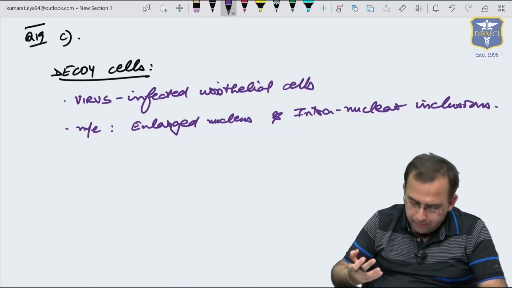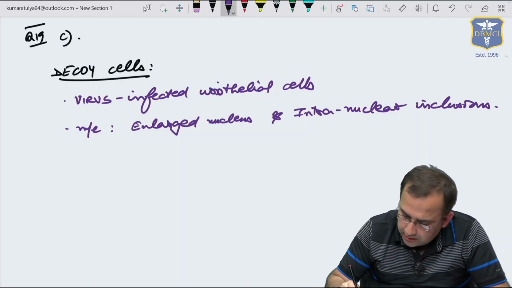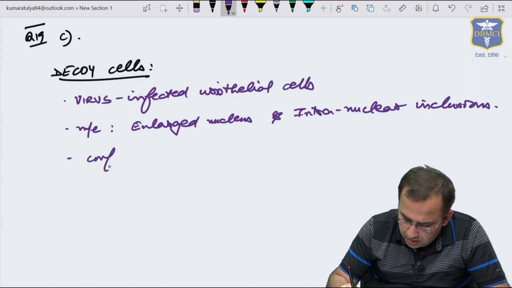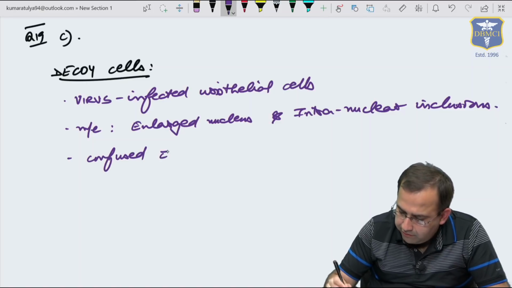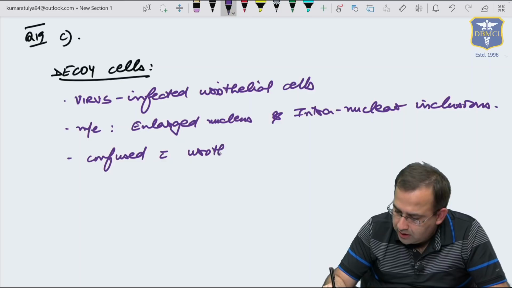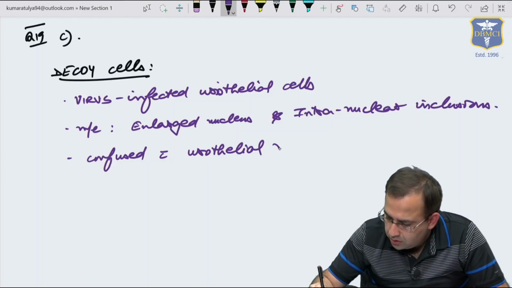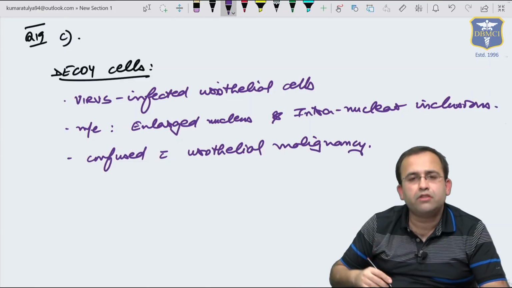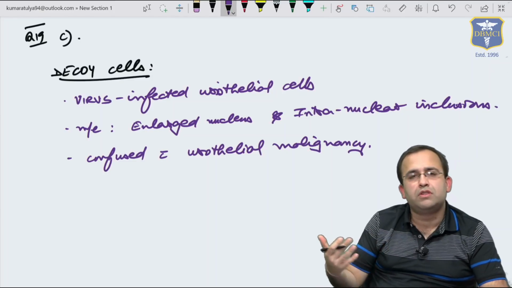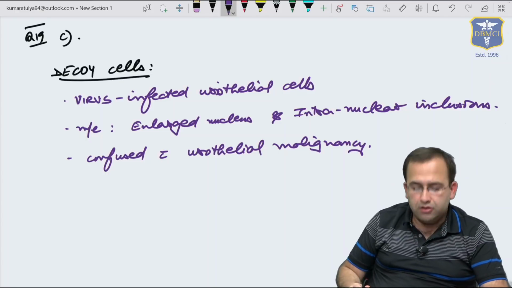That is a decoy cell. This can be confused with urothelial cancer, that is urothelial malignancy. This is the significance of decoy cells. We should not confuse them with urothelial cancer.